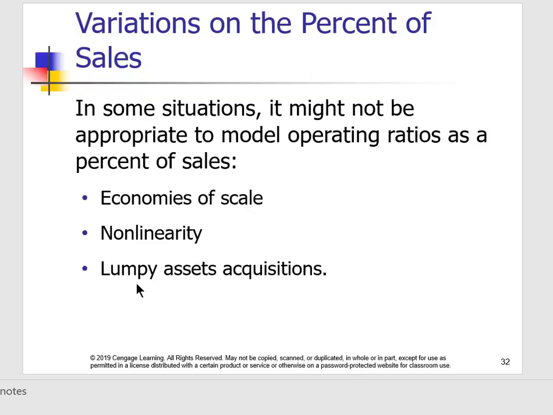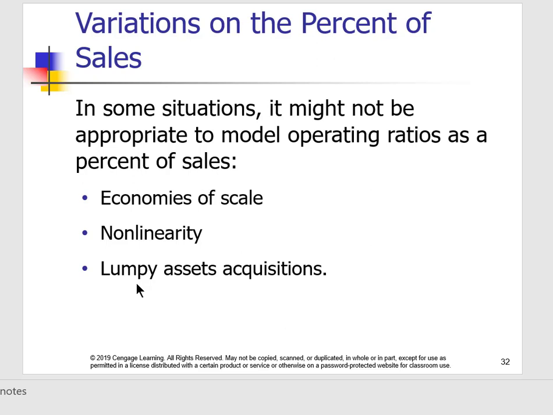And of course, in some situations, this just doesn't work, right? It depends on the kind of business. It might not be appropriate to model all of these ratios as a percentage of sales. The size of assets itself makes some sense. Maybe we can't grow sales by a certain percentage.